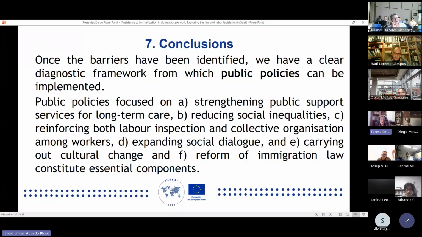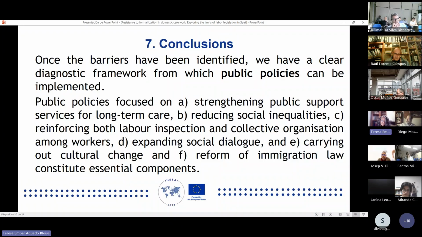To move towards effective formalization, labor law must be complemented by broader public policies. This should strengthen public care services, reduce social inequalities, reinforce labor inspection, support workers' collective organization, expand social dialogue, challenge cultural narratives, and reform immigration law.